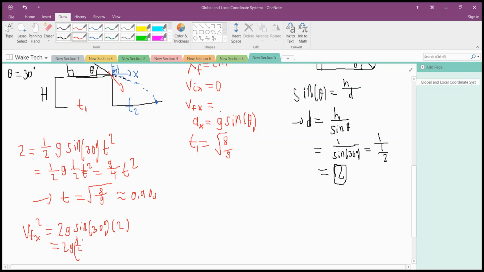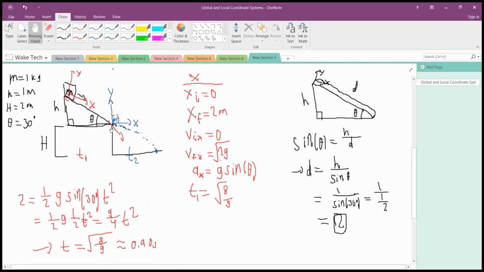And then we have a 2 there, cancel, cancel. So you get 2g, and therefore v final in the x direction is square root of 2g, which you could calculate if you want and get a number out of that. But I'll leave it as root 2g. All right, so that's the red coordinate system.